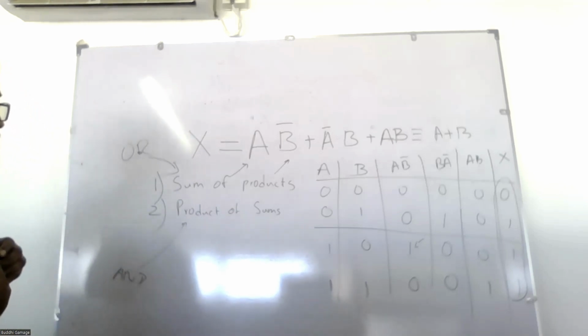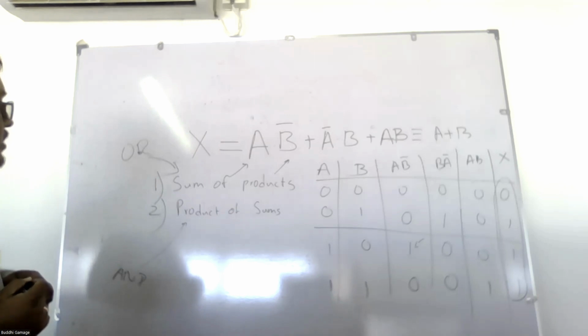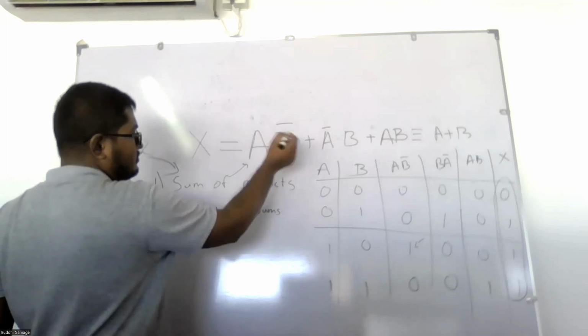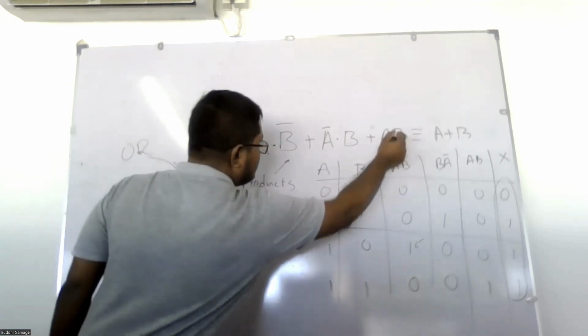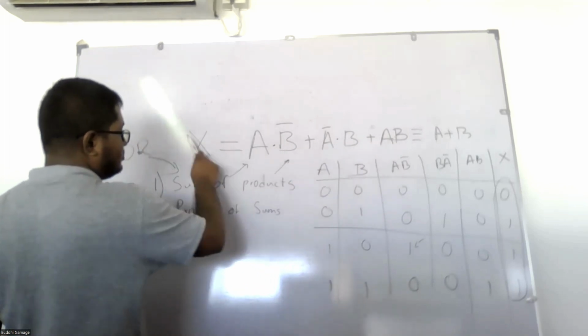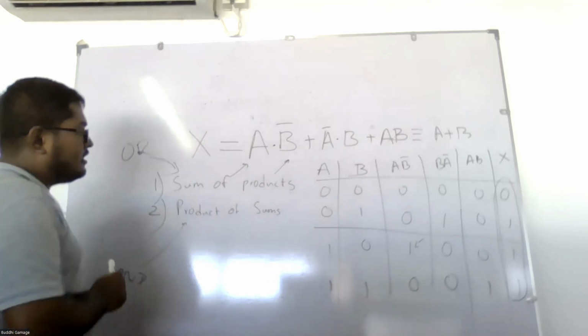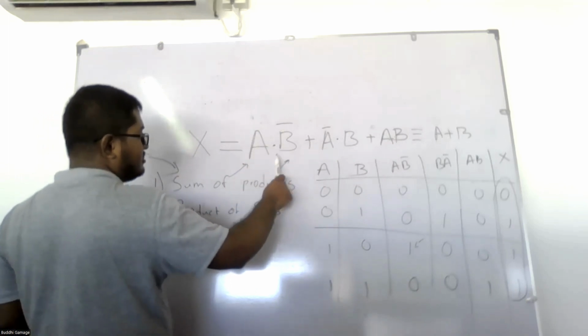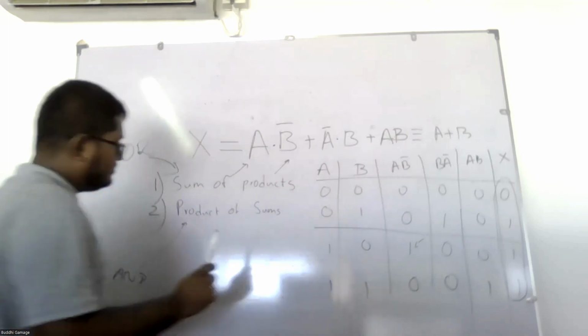Now, sum of products. This is a summation of products. These are products actually, and we can have a sum. So X is our final output, the summation of these products.